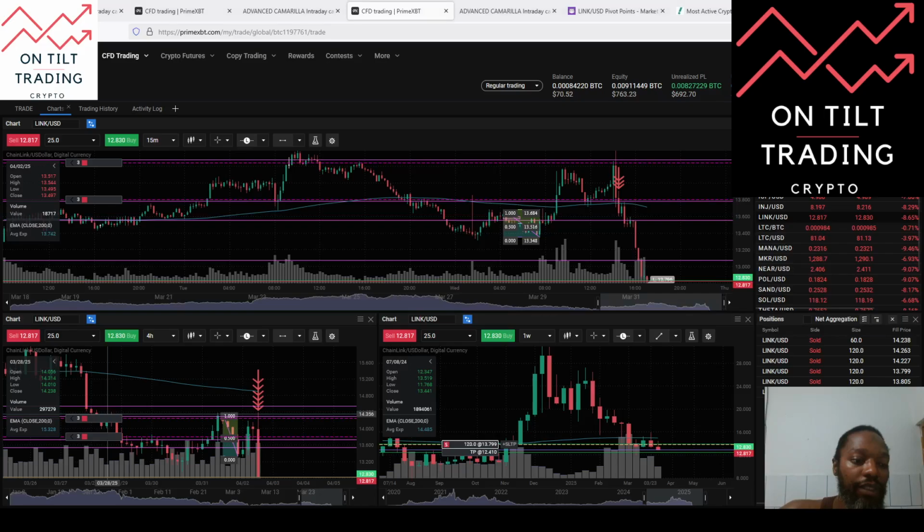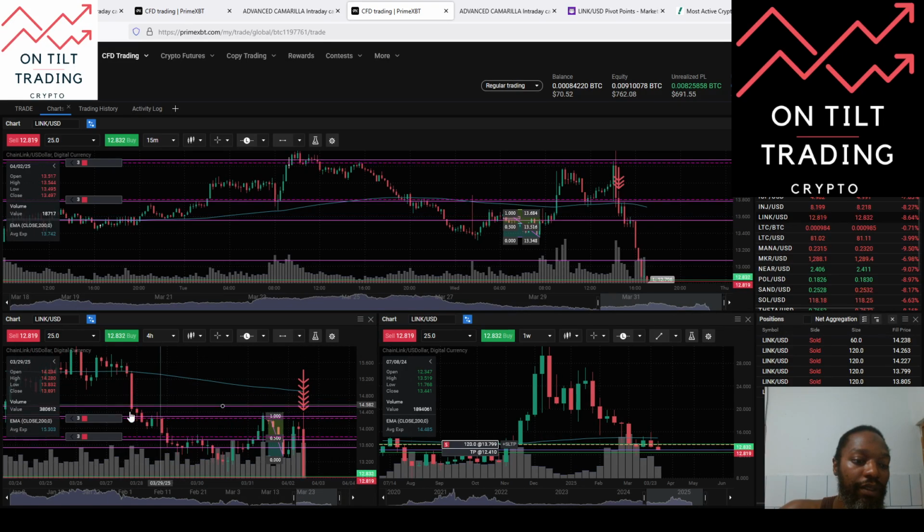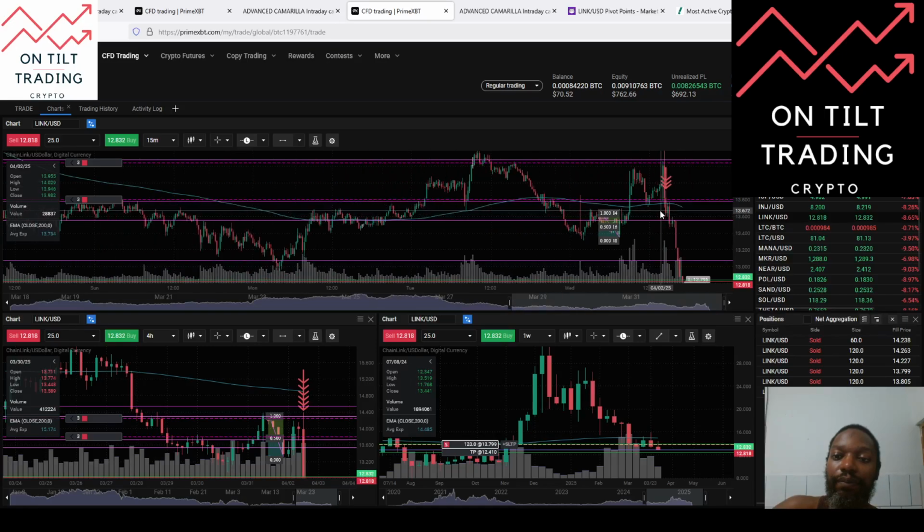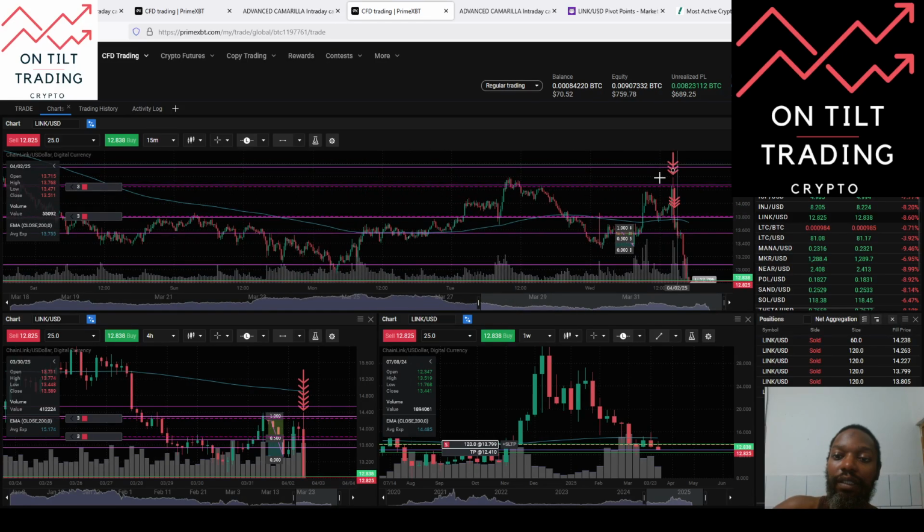And then, as I mentioned before, my stop is just placed right here above this candle. So back up here, when that liquidity grab happens, I take an entry.